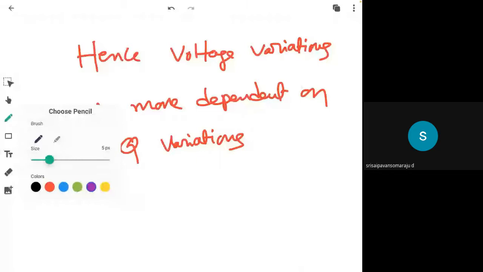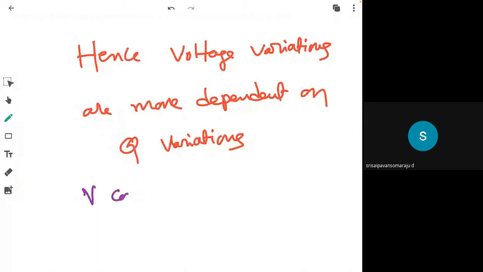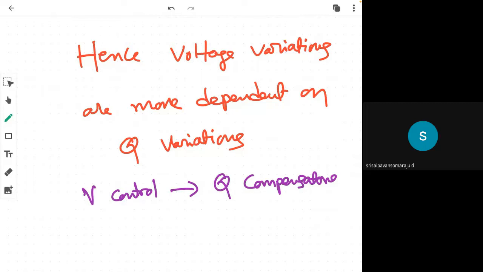Therefore, you can control the voltage by the use of compensators, Q compensators. This is the conclusion from the previous discussion.